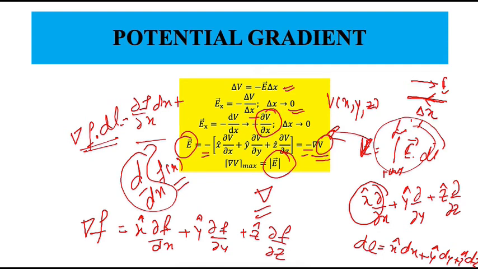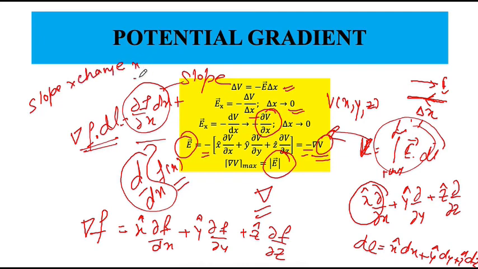Okay, so what is this quantity del f by del x into dx? It gives you the slope of the function f as you move along the x-axis. Therefore this is basically slope times change along the x-axis. Similarly, slope times change along the y-axis and slope times change along the z-axis.